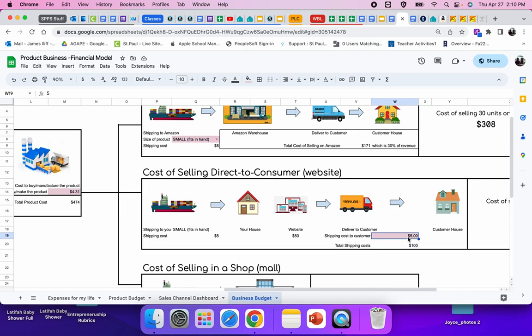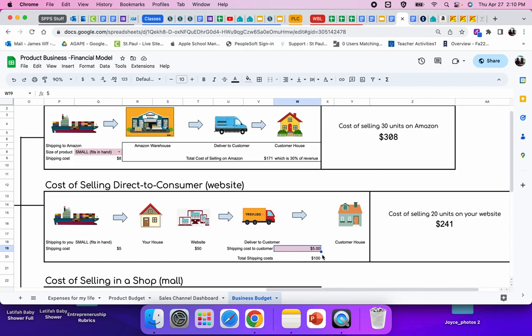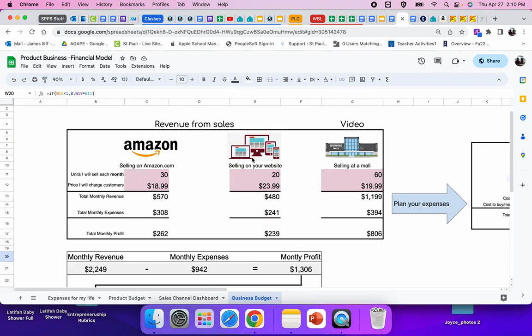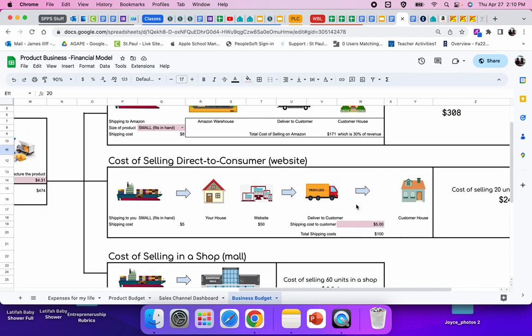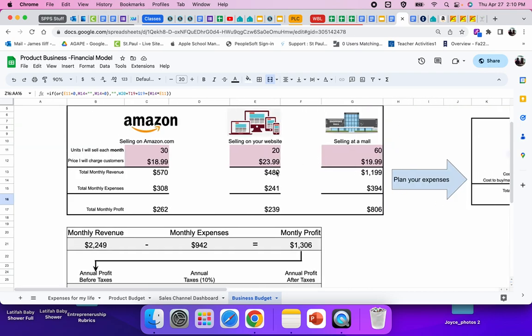I looked it up. It costs about $5 to ship one of these blankets from my house to the customer's house. So if I sold 20 of them, that's a total cost of $100. If I added all this up, if I sold 20 units, it would be a total cost of $240.